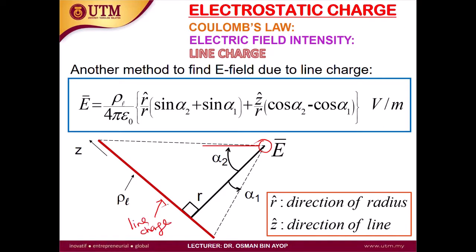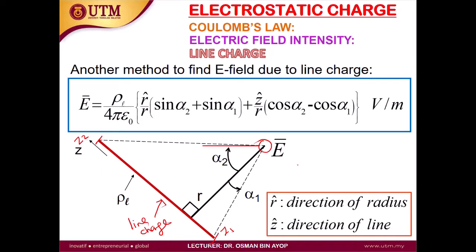This line charge is placed along the z-axis from maybe z1 until z2. That is the length of the line. So I want to find what the E field is at this specific point.